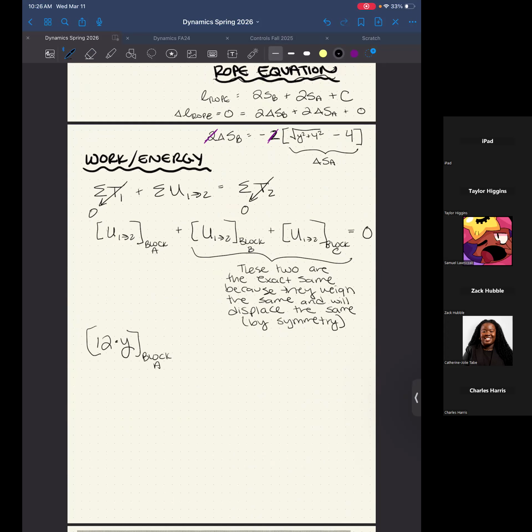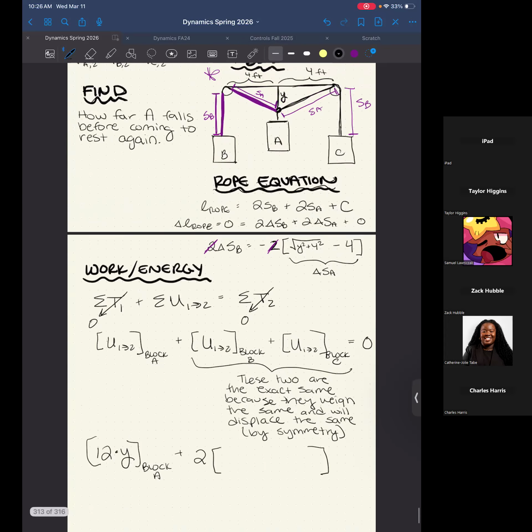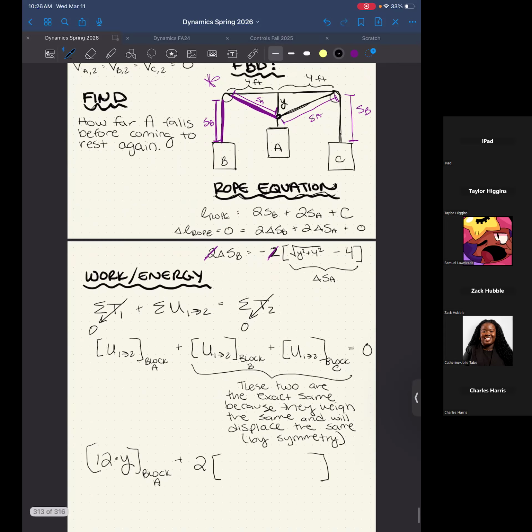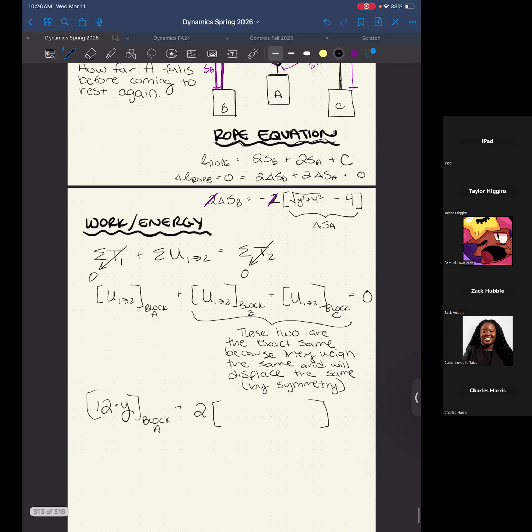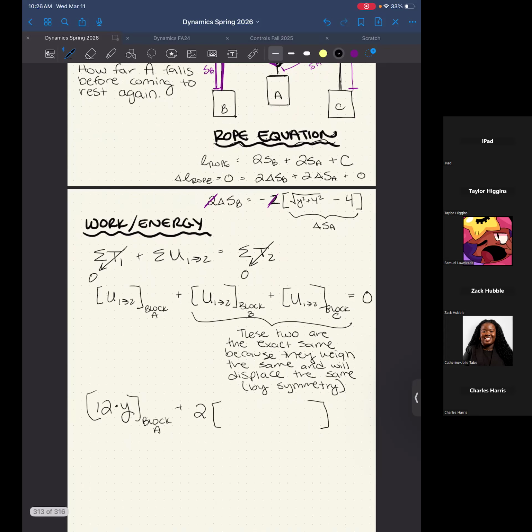The next part is what's a little bit trickier. So 2 times the work done by either block B or block C. The force of gravity for both block B and block C is just 15 pounds. And then how much does this displace?